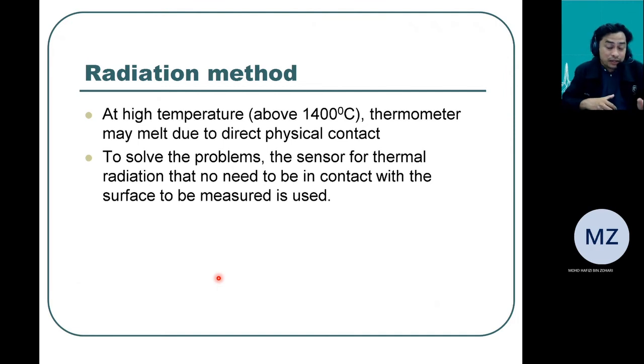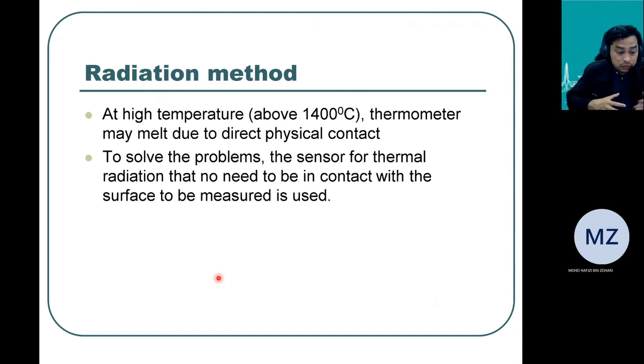The problem with non-contact is that it's a relative measurement, so the uncertainty will be the lowest among the other temperature measurement devices, but it can go to a higher range than the thermocouple. Okay, so let's see the pros and cons of the radiation method.